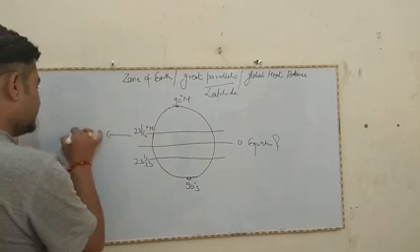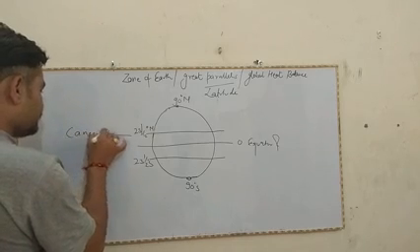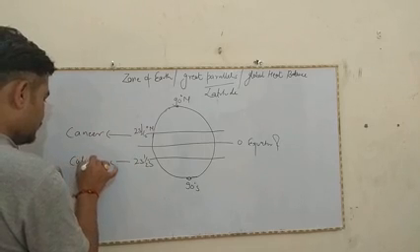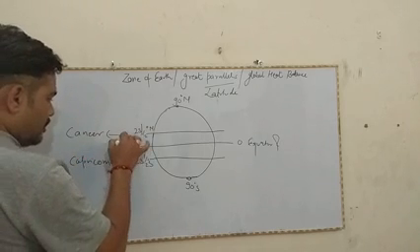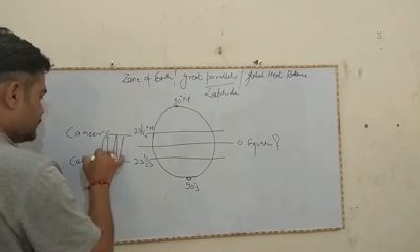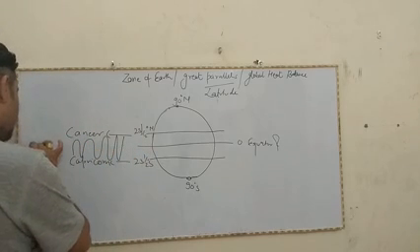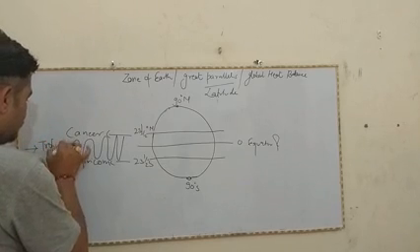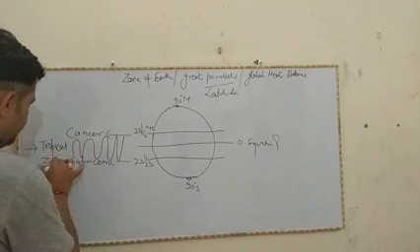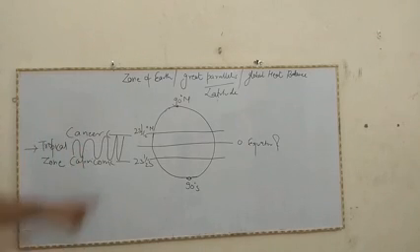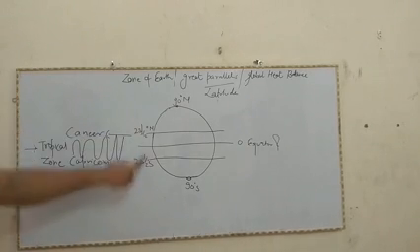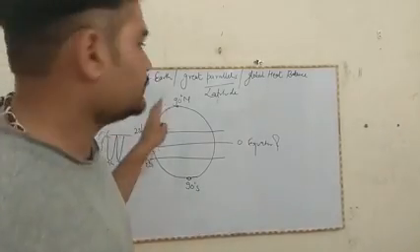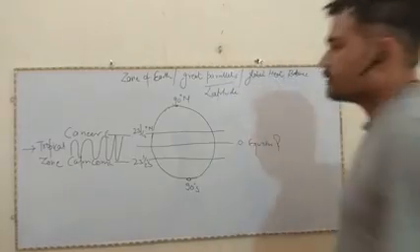That one is represented as Tropic of Cancer, and that one is Tropic of Capricorn. That whole belt is called tropical zone. So 23 and a half degree north to 23 and a half degree south is called tropical zone.